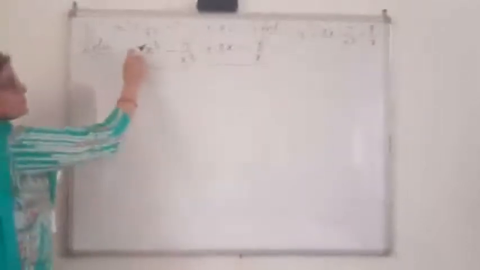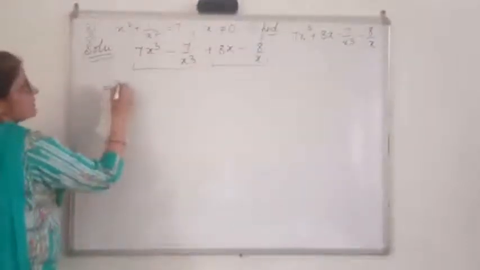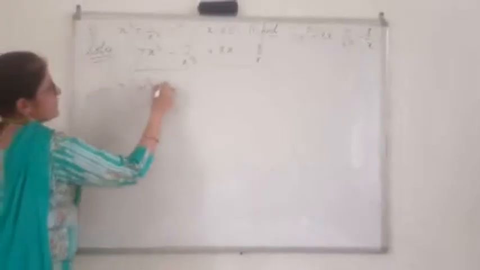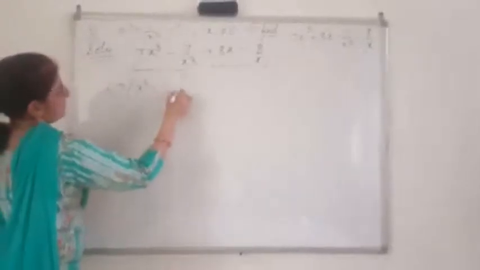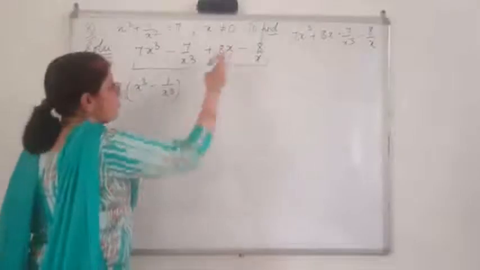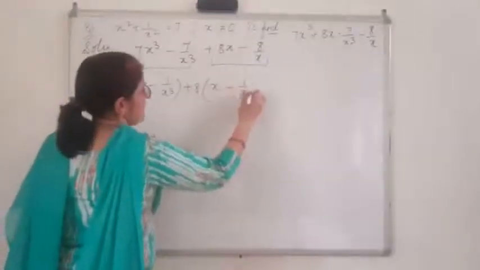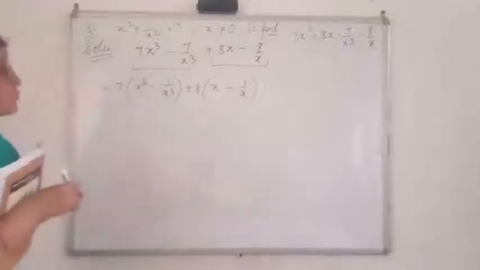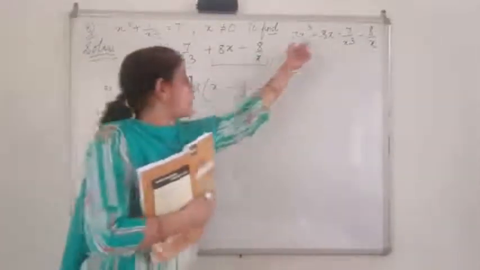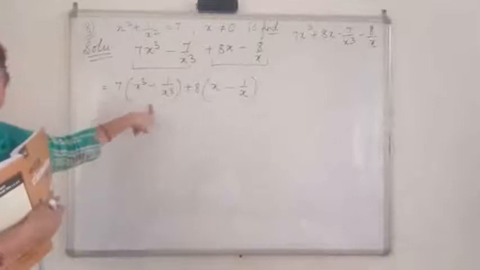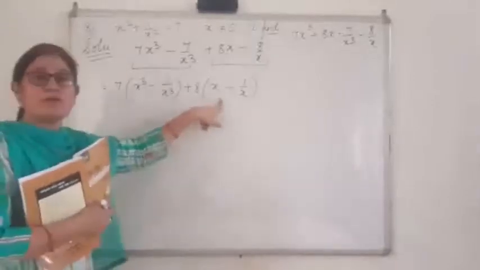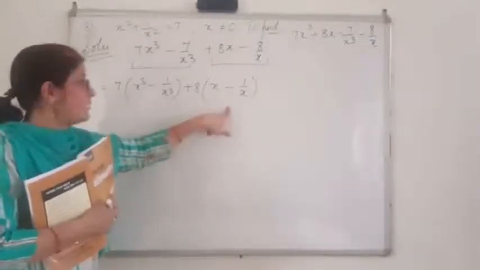From the first two terms 7 is common. We take 7 common, x cube minus 1 upon x cube. In these two terms 8 is common, so we will take 8 common and we get x minus 1 upon x. So to find the value of these all, you have to find the value of x cube minus 1 over x cube and the value of x minus 1 upon x.